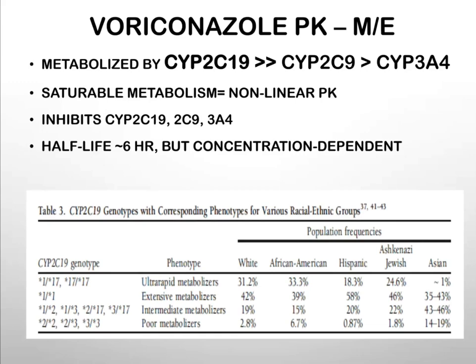In terms of the CYP2C19 genotype, there is a significant difference depending on what racial population you're talking about. Patients with Caucasian, white ancestry, African Americans, and Hispanics tend to be more rapid metabolizers, whereas people of Asian ancestries tend to have a higher incidence of being poor metabolizers.